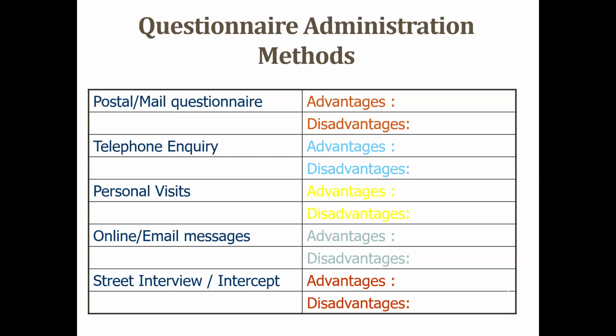So when they are everyday life questions that are easy to answer, not requiring much opinion polls, it is easy to do that using the street interview. If it is a detailed study, it becomes difficult. On the street, you can't get much time or attention to be given to your study.